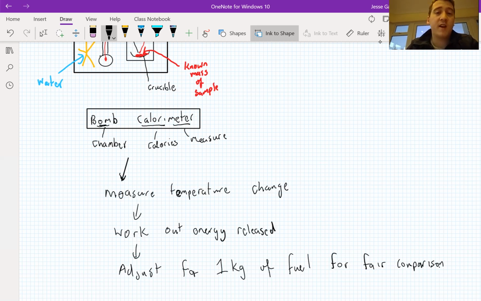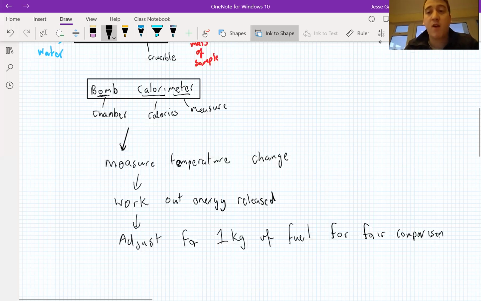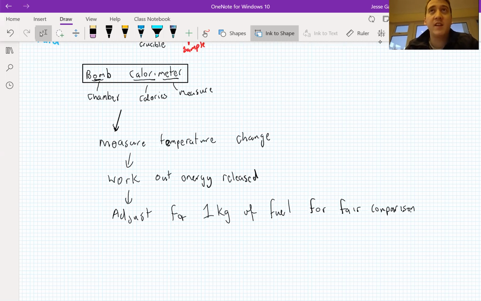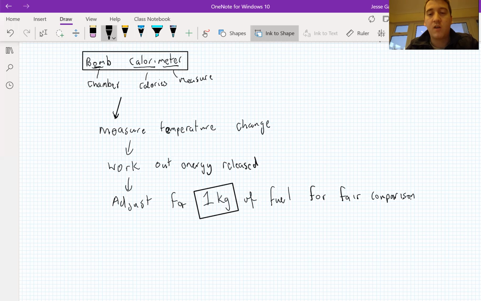Whereas another scientist might want to burn some food, like bread, and that bread might only be 5 grams. And if you don't account for the differences in mass of 50 grams of propane versus 5 grams of bread, and you just say, okay, that one has 700 joules and that one has 300 joules, that's not really a fair comparison because the quantities of the fuel are different. So they always adjust to 1 kilogram of fuel for a fair comparison.